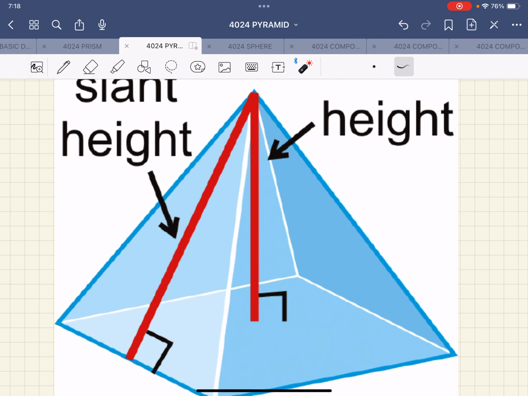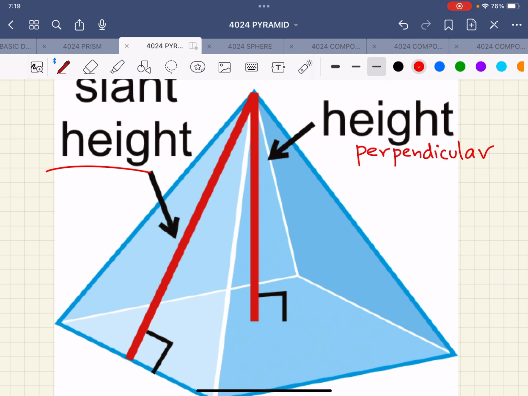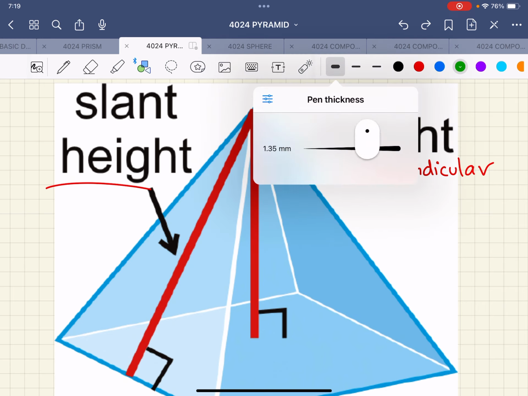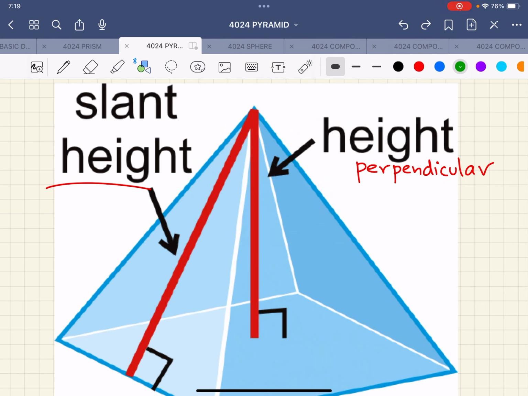This height over here, this is known as the slant height, and this one is known as the perpendicular height. So now let me label this thing in green color. That is over here. So I need a thick marker over here. And if I label it even thicker than this, something like this is better.